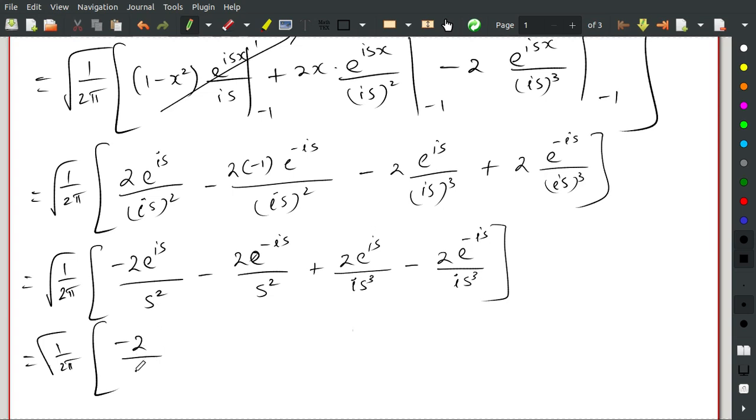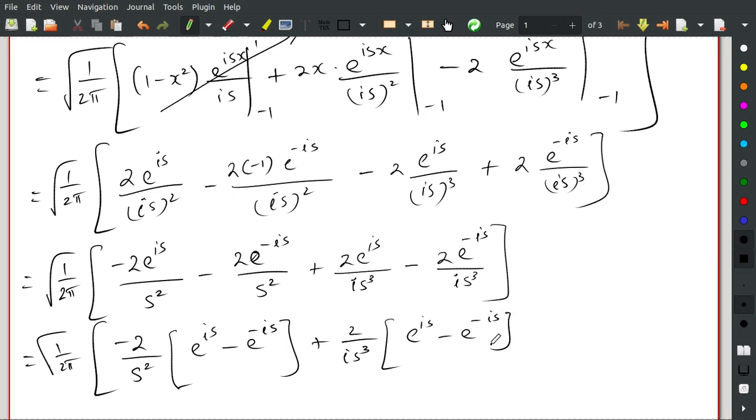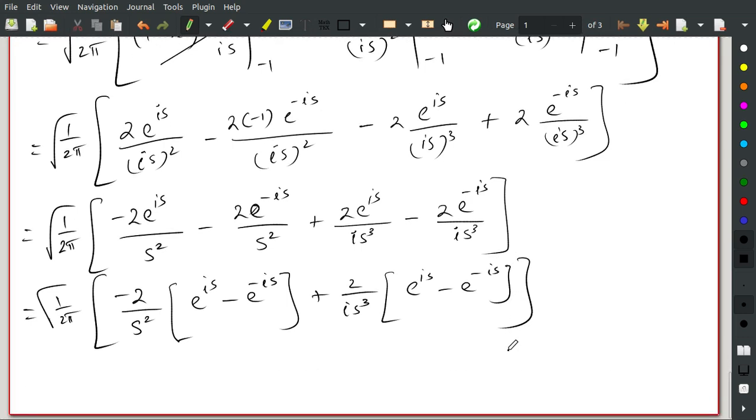Therefore, if we take minus 2 by s square, we have e power is minus e power minus is in this one, and we can take plus 2 by is cube, and we end up with e power is minus e power minus is. Sorry, here we have a plus.